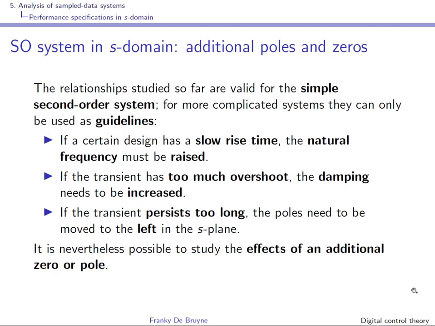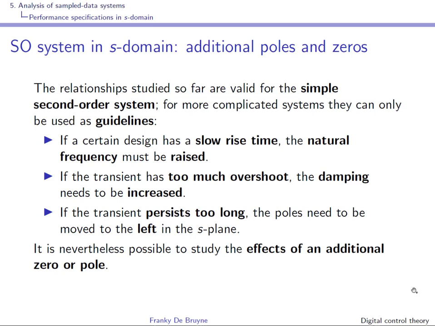What you have seen previously is of course valid for the simple second order system, which means that you would have only two dominant poles to place, and we forget about additional poles and additional zeros.